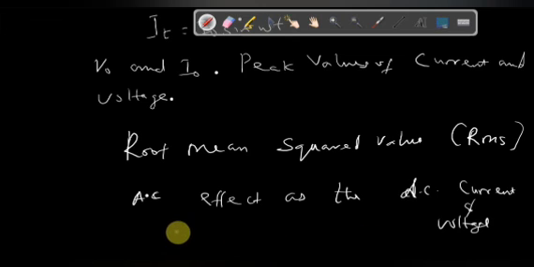In other words, they produce the same effect. They are the effective values of the AC current and voltage, giving the effects that a DC circuit will produce. The effects are the heating effects. So that means you can actually use the root mean squared value to calculate the power of AC circuits.